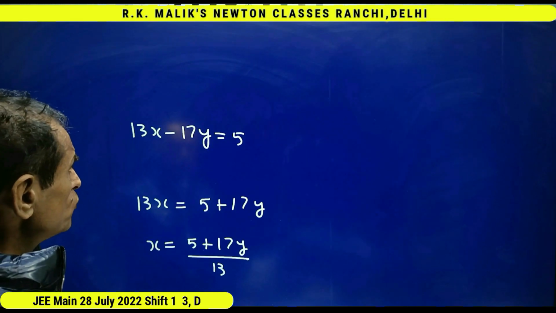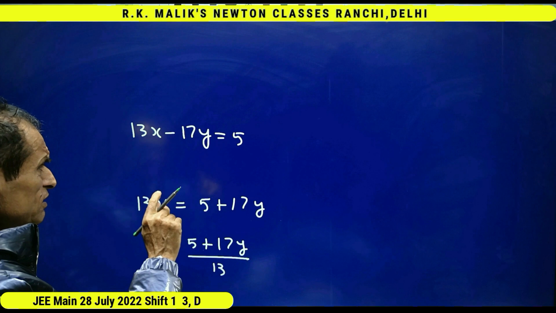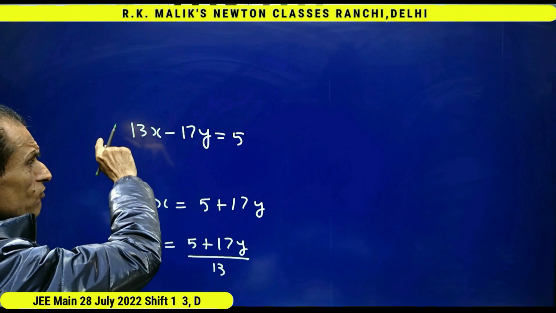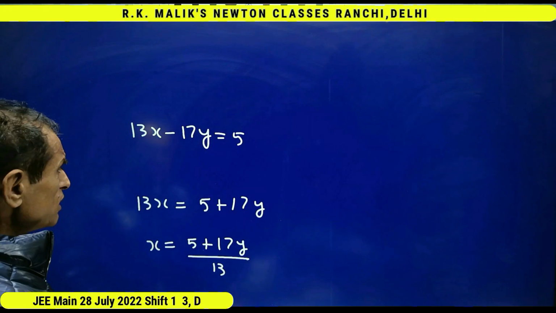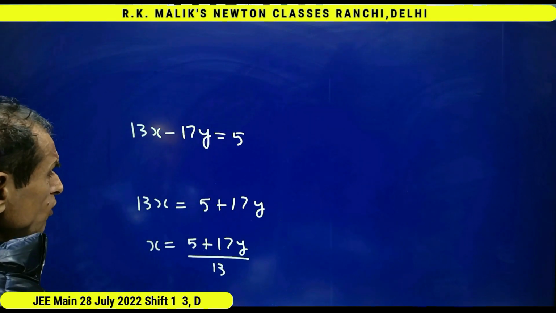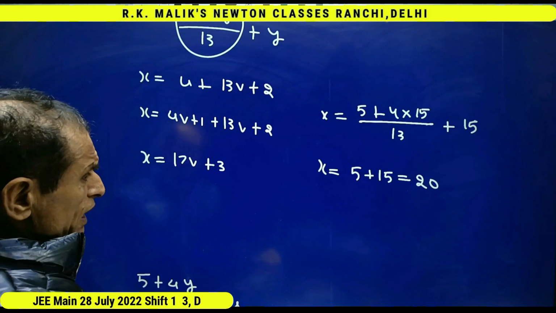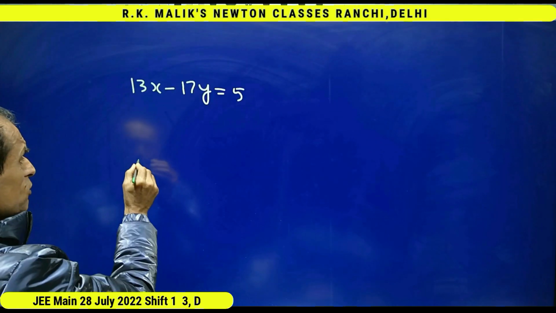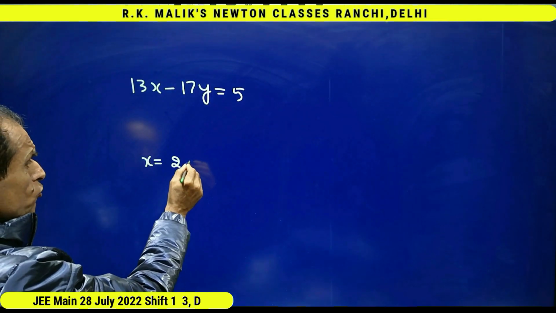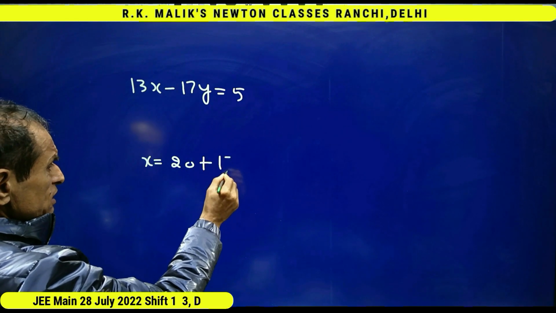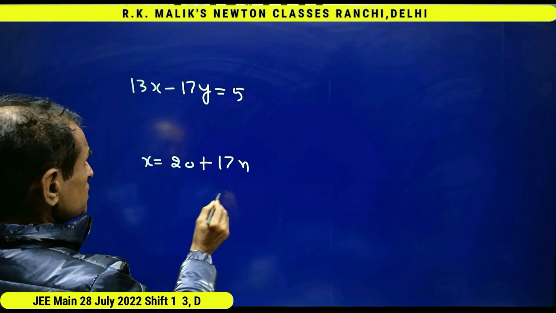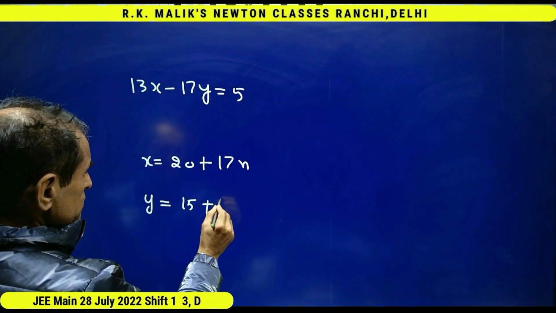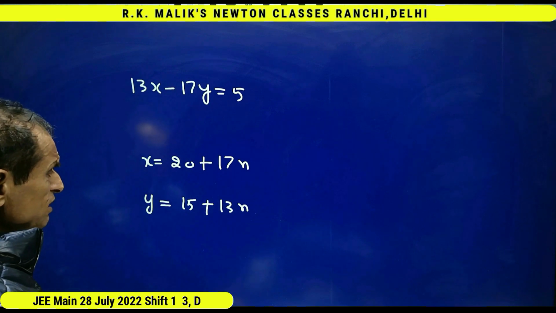And as I told you in the very beginning, if you are able to find even one value of x and y which satisfies this, you can immediately get all the solutions of this, because presently I have got the value of x as 20 and y as 15, hence the value of x will be 20 plus 17n, and y equal to 15 plus 13n.